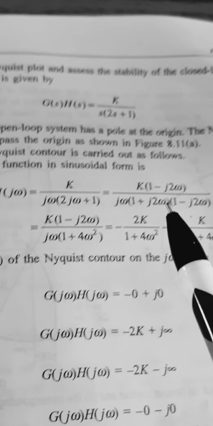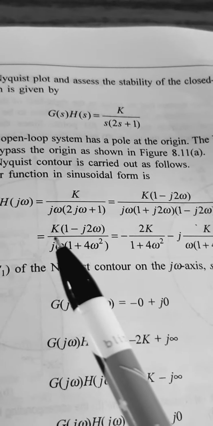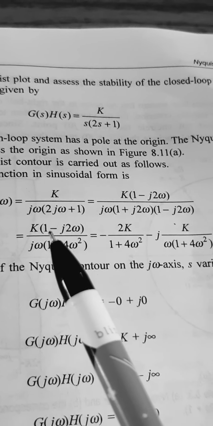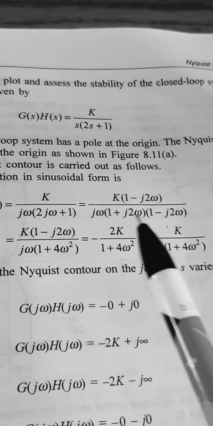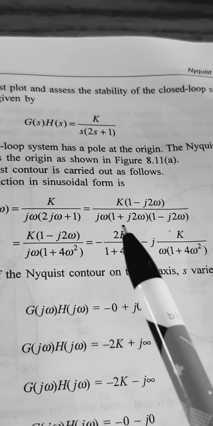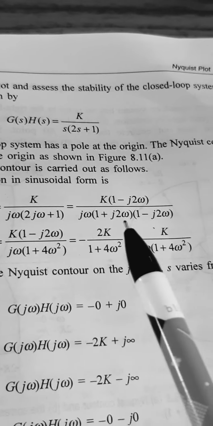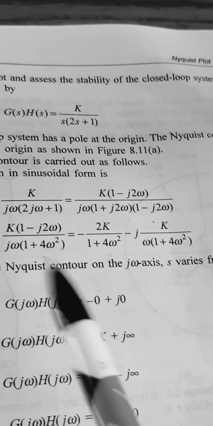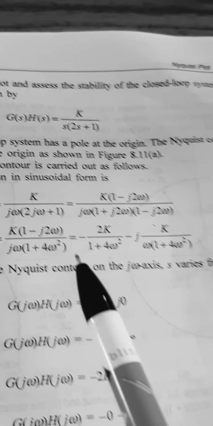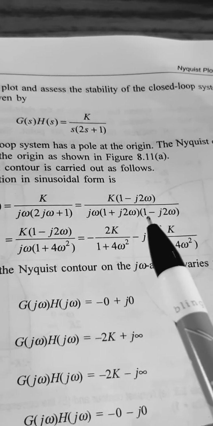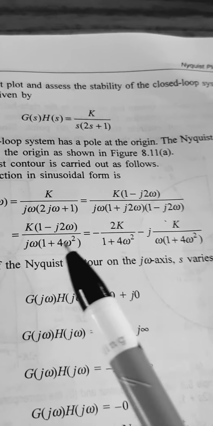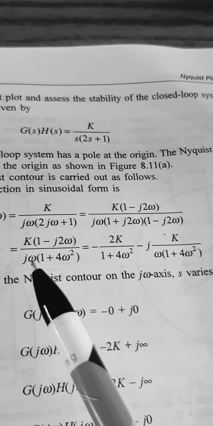Multiplying, a plus b into a minus b gives a square minus b square, so minus j square 4 omega square, where j square is minus 1, becomes 1 plus 4 omega square.